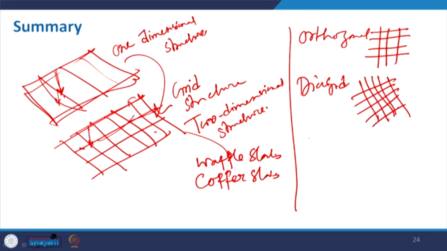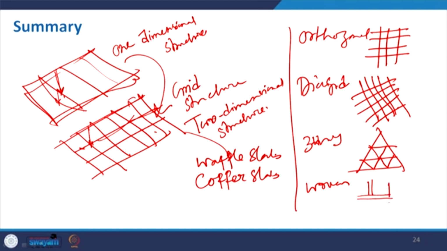Then we have three way, that is basically making this kind of grid, and then last but not the least the woven, where we have seen something like this, the basket and all.